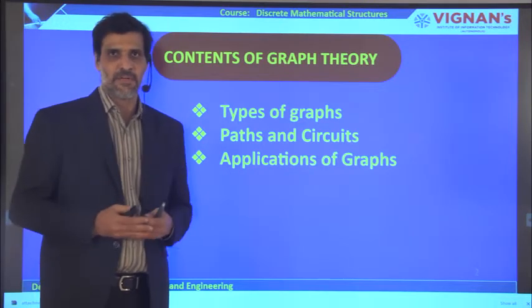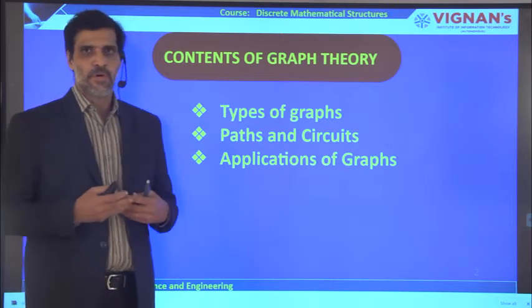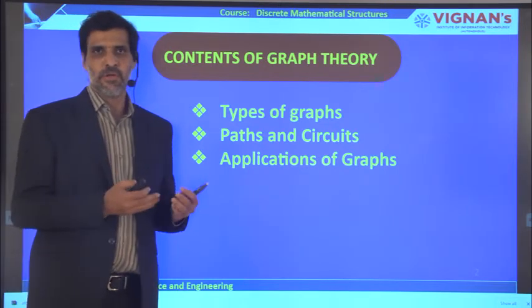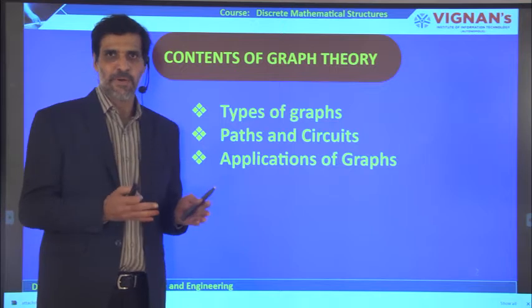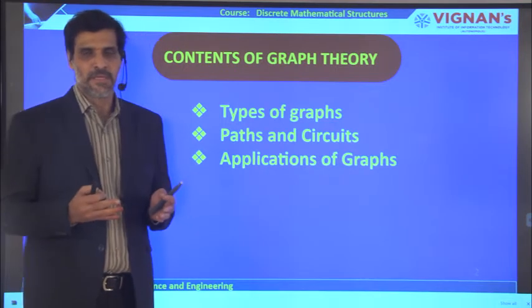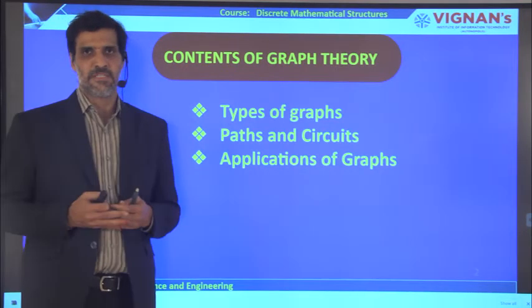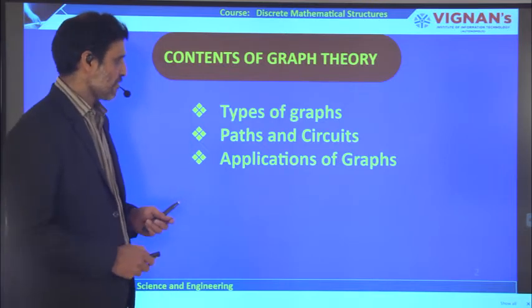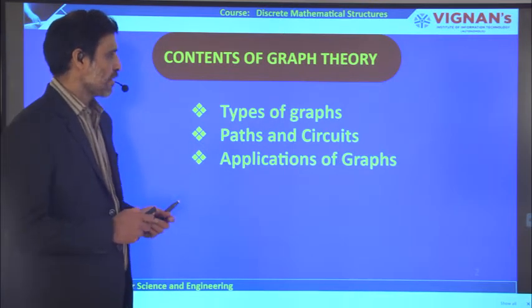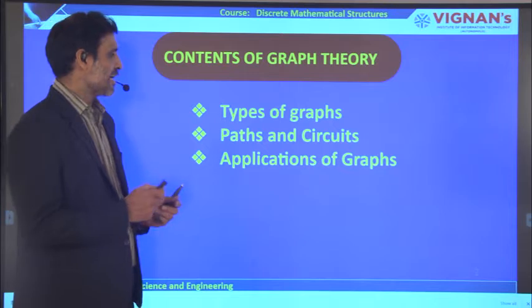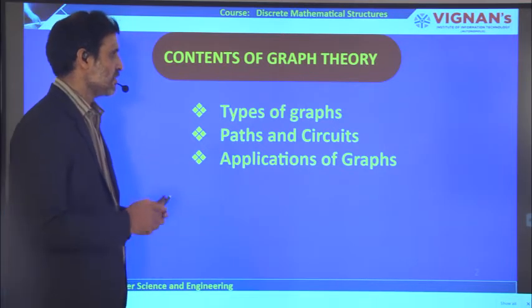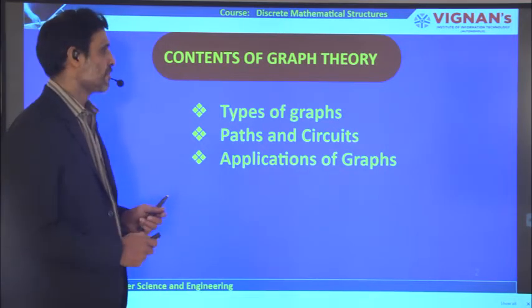In the next lecture we are going to discuss what we mean by a path, what we mean by a circuit, what are the Hamiltonian path and Eulerian path. And in this lecture we will discuss the different types of graphs in graph theory. Let us discuss one by one.